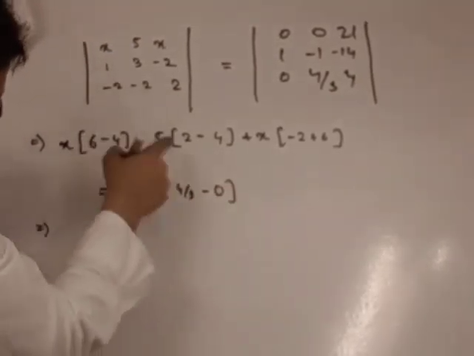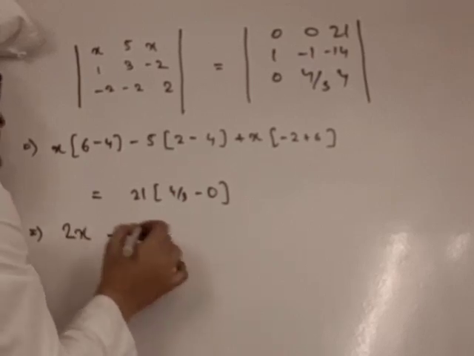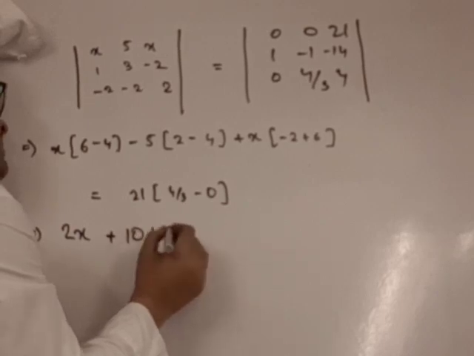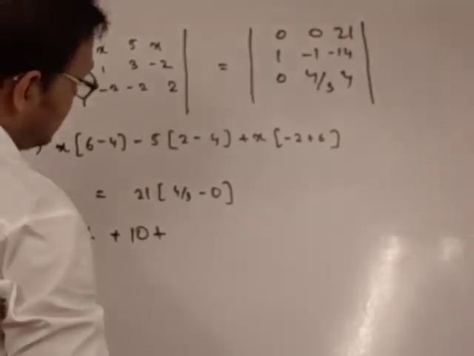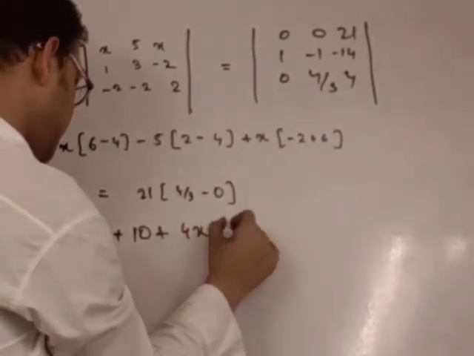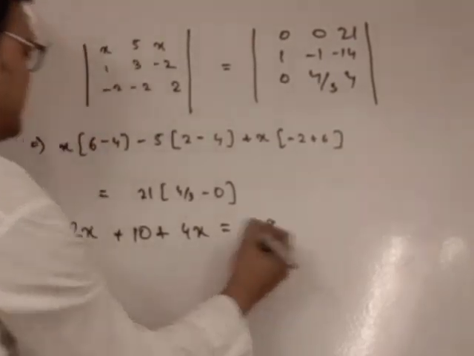So here what I get is 4 minus 2 is 2x, minus, so it becomes plus, so 4 minus 2 is minus 2, plus 10, plus here it becomes 6 minus 2 is 4, so 4x. 3 7s are 21, 7 4s is 28.